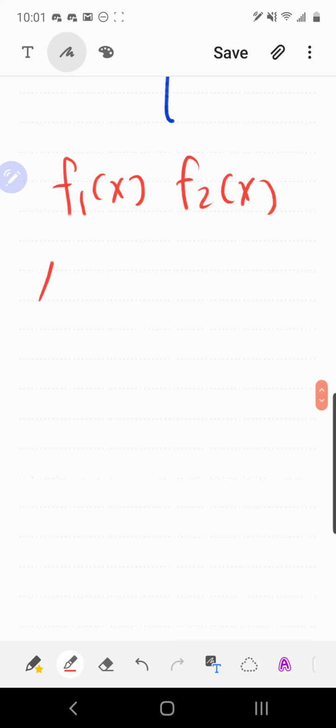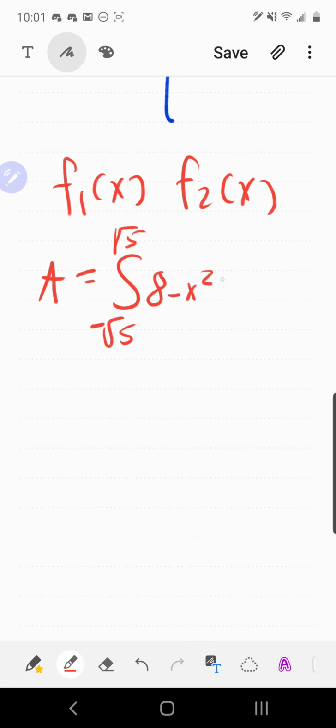So let's call this area equal to the integral of negative radical 5 to radical 5. We have f1, which is going to be 8 minus x squared, minus, and this is negative 2 plus x squared. I can barely see that.